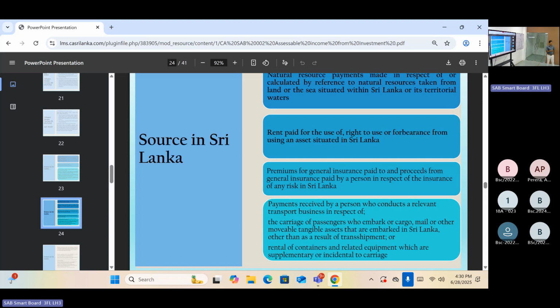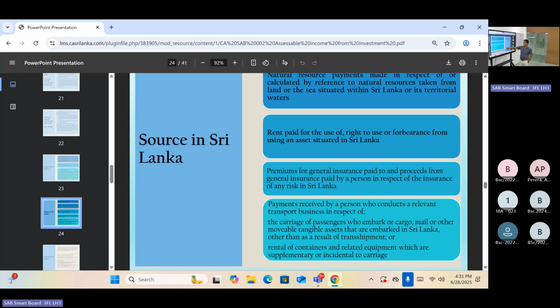Say we are obtaining insurance coverage from an outside insurance company for our inventories in Sri Lanka. The risk is in Sri Lanka, therefore that non-resident company shall be considered as having an income source in Sri Lanka.